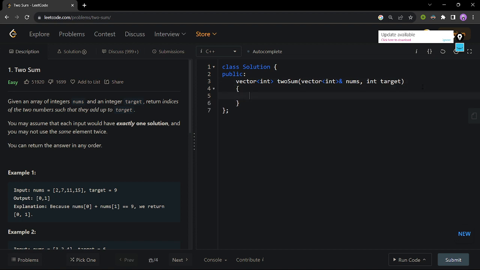So let me sort using the sort function, and taking the starting i as 0, j as n-1, while i is less than j.